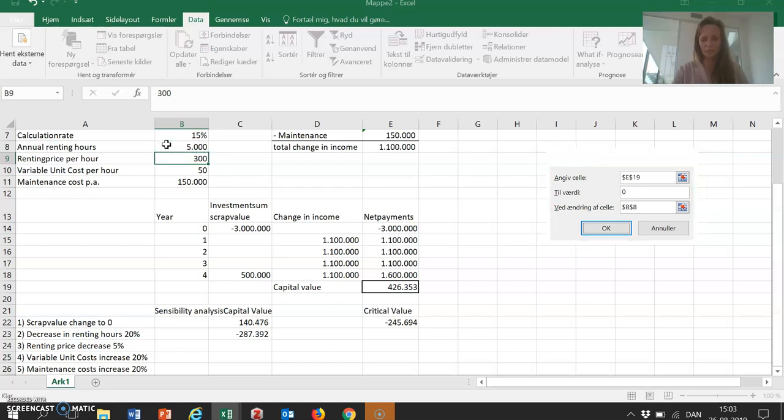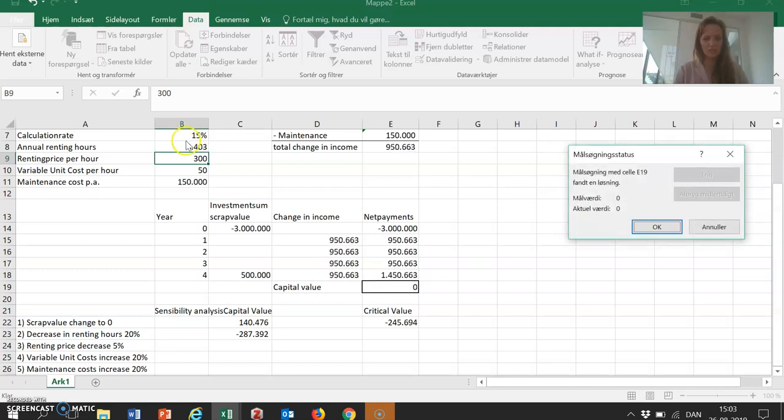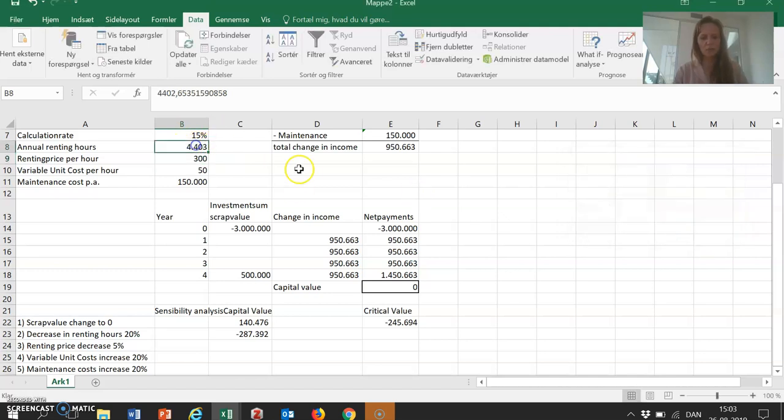Press enter, see what happens. So number of renting hours can actually drop to 4,403 and we would still have a profitable investment. So the critical value for the number of renting hours per year would be 4,403.